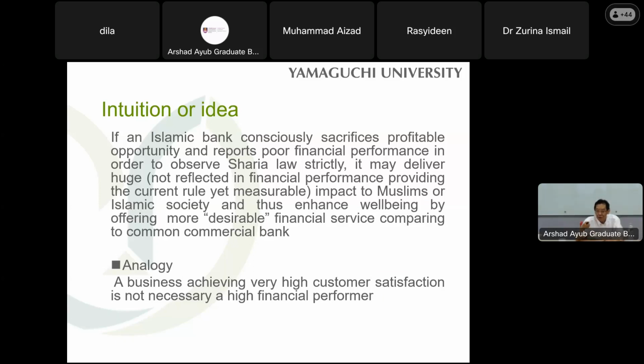A business achieving very high customer satisfaction is not necessarily a financial performer because they may deliver huge impact. So the company has very good reason to exist, but it may not be good for investors.